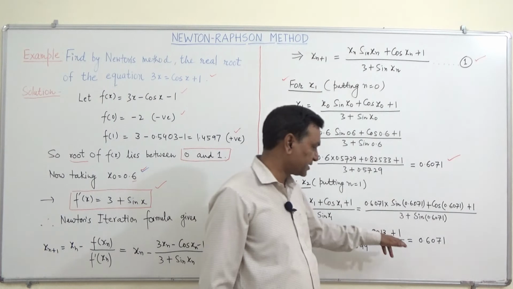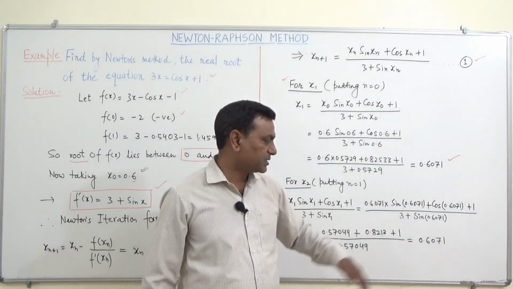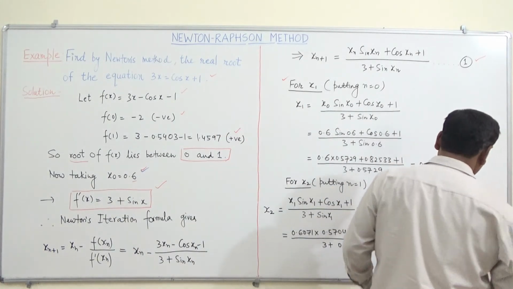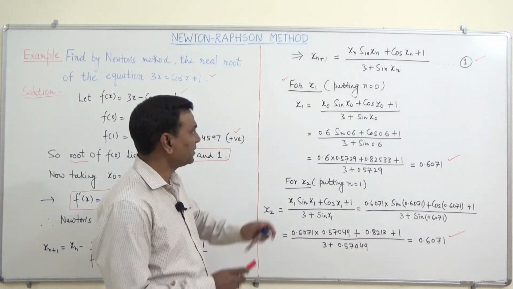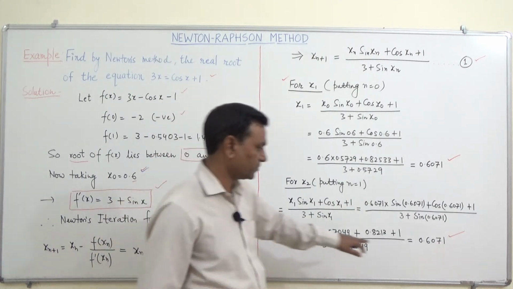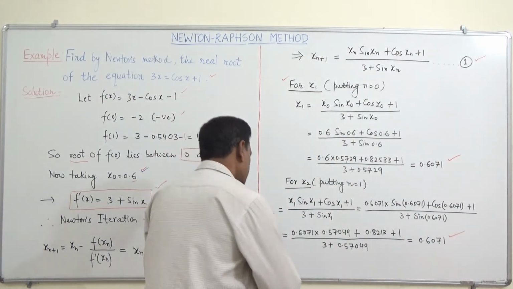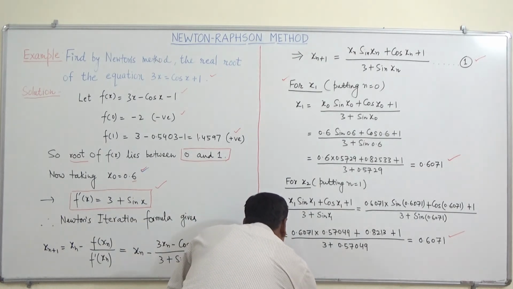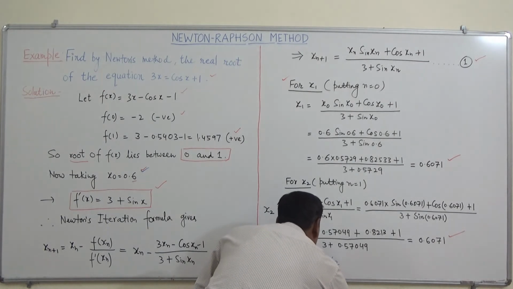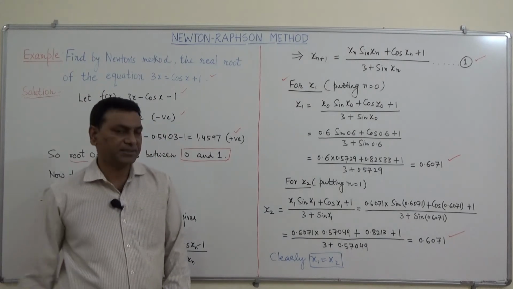After simplification, the value of x2 comes out to be 0.6071. It is clear that the values of x1 and x2 are the same, so x1 equals x2.